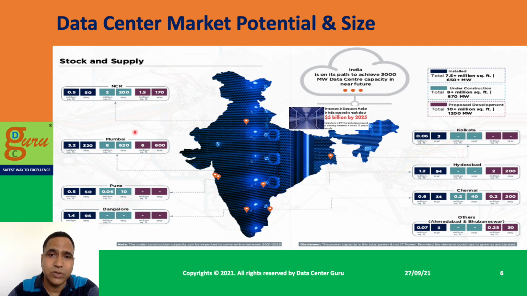So this is mapped overall on 3000 megawatt, and the center of the entire data center market, if you see here, is Mumbai, where installed capacity is 320, work in progress is around 620, and another 600 megawatt is expected to come.